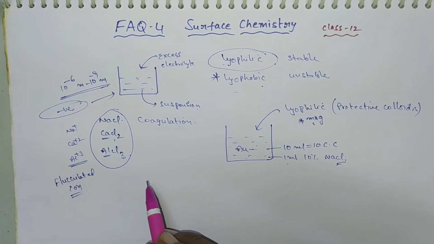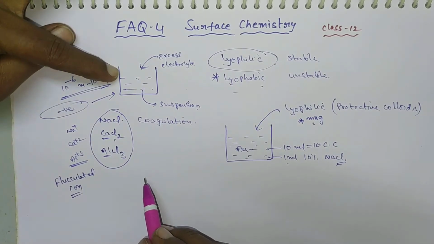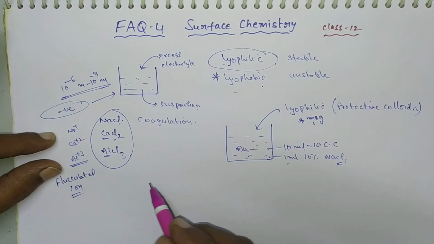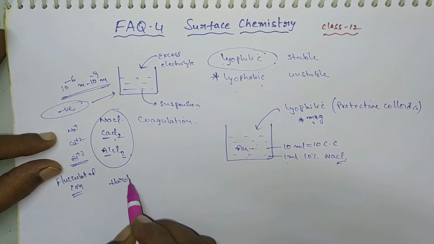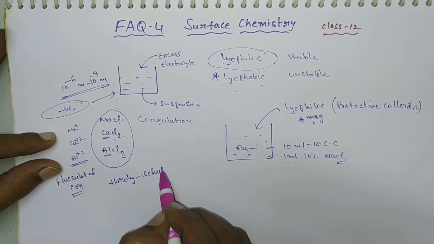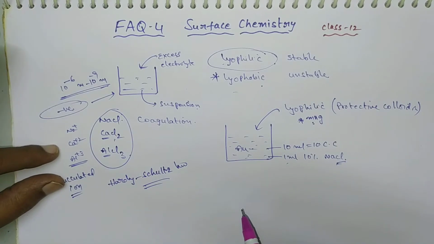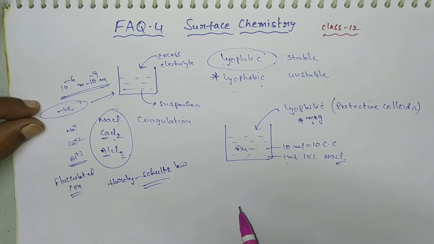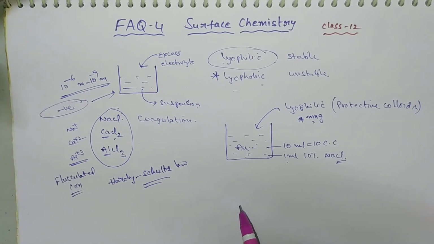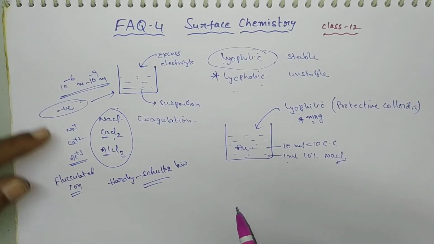Greater the charge on the flocculated ion, greater will be the coagulating power. That is called Hardy-Schulze law. If the charge is more, greater will be the coagulating power.